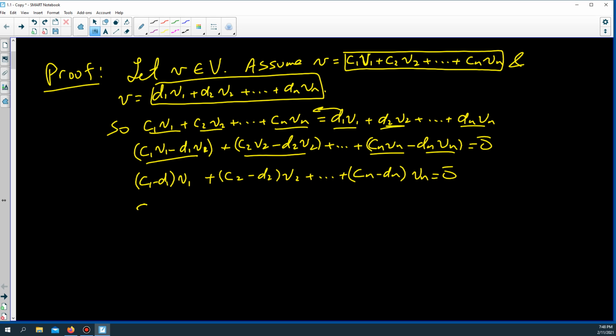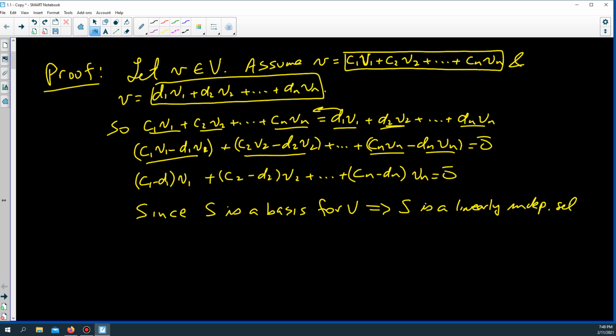Now, since S is a basis for V, that implies that S is a linearly independent set.